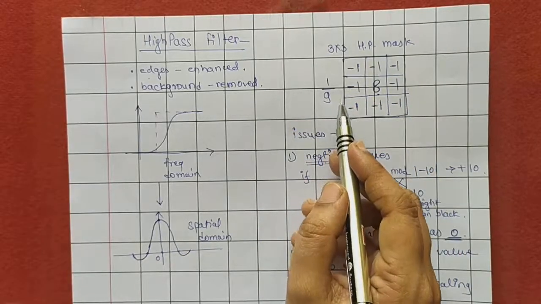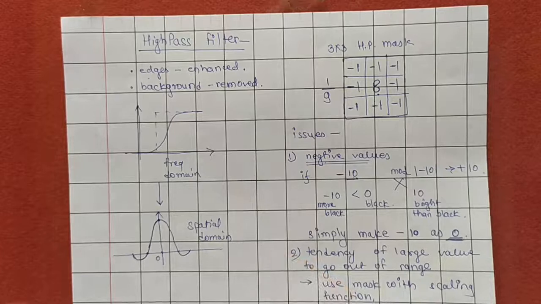So this is the high pass mask using the scaling function.